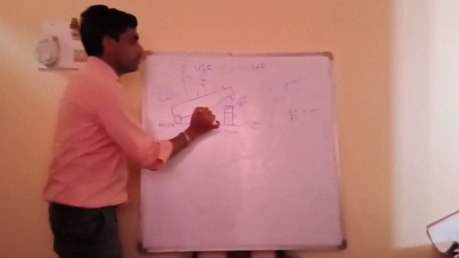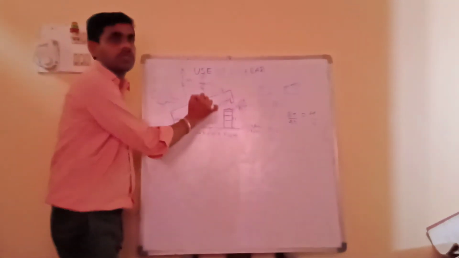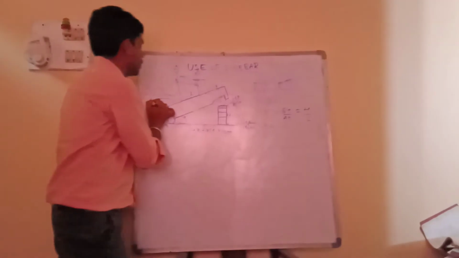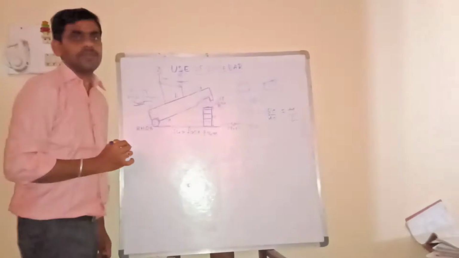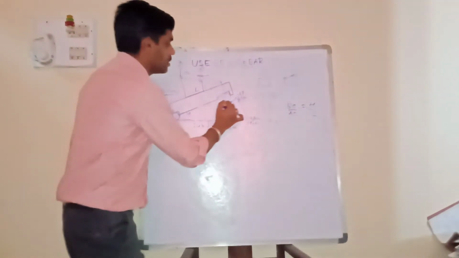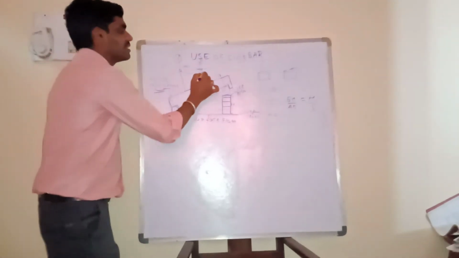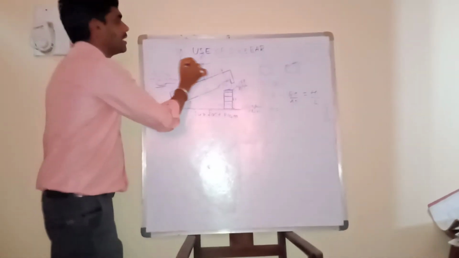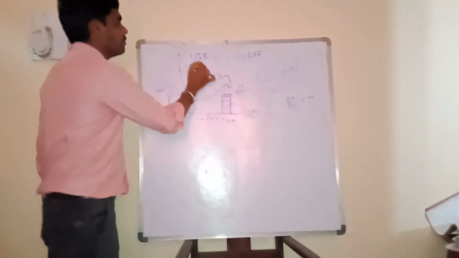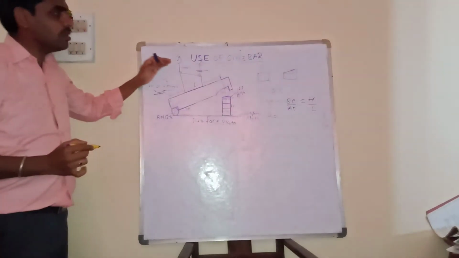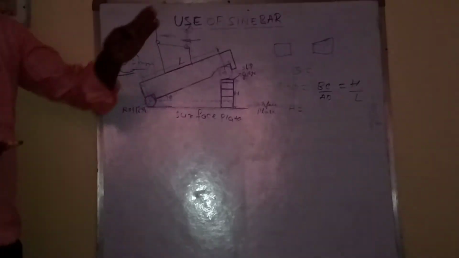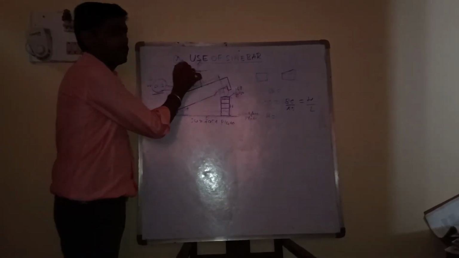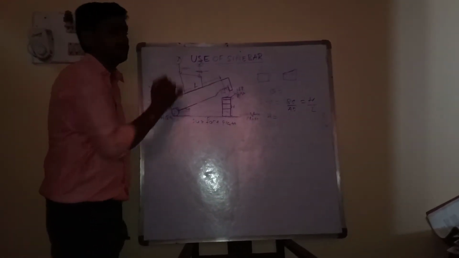Again we check the difference from one end to the other with the help of the dial indicator. This is repeated until the dial indicator reading becomes 0.